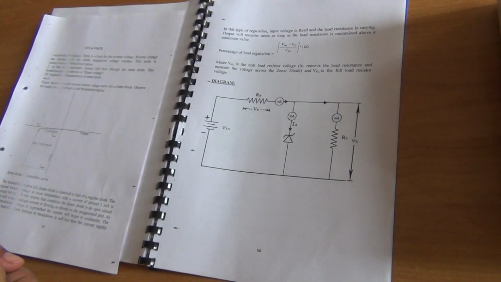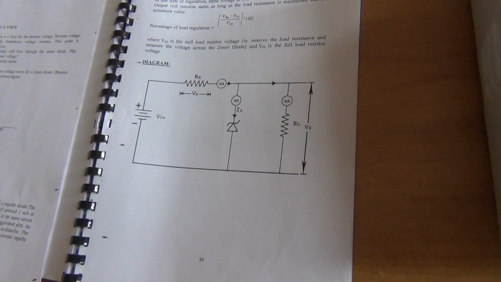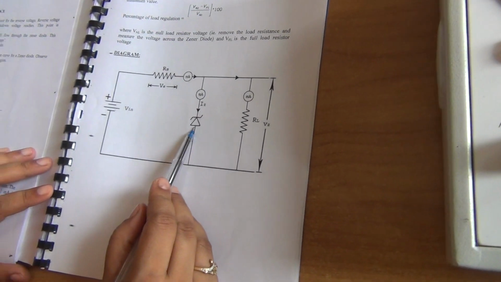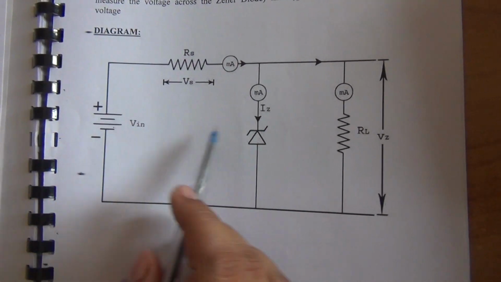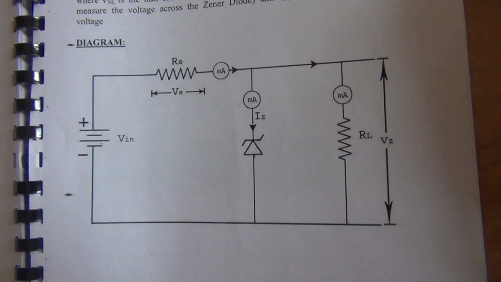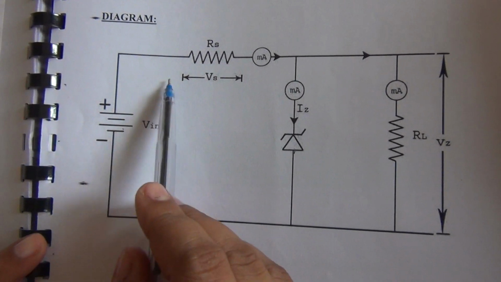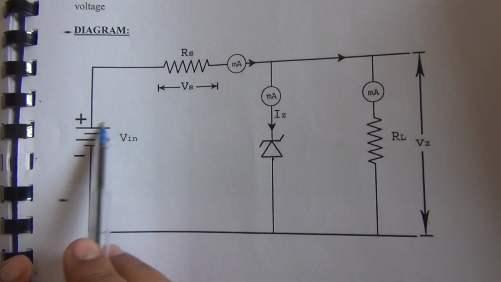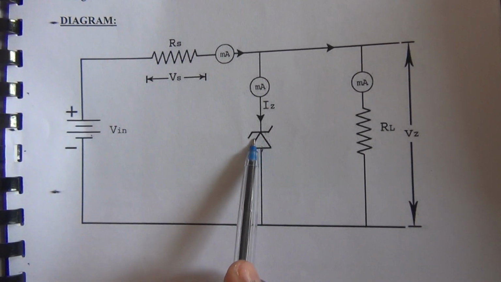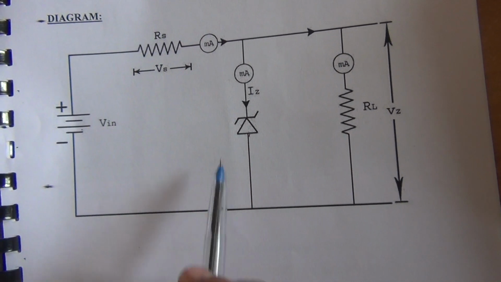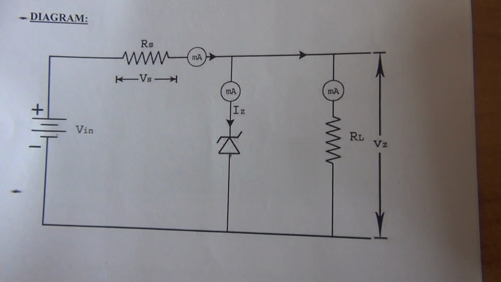I would like to tell you the basic theory behind this regulating action of Zener. You can see this Zener is connected in reverse bias condition. What happens when the current flowing through the Zener exceeds its Zener breakdown current, or we can say when the input voltage exceeds the Zener breakdown voltage?